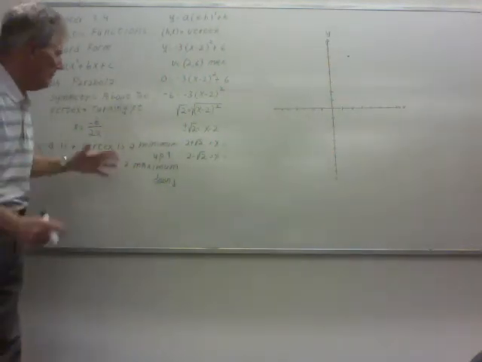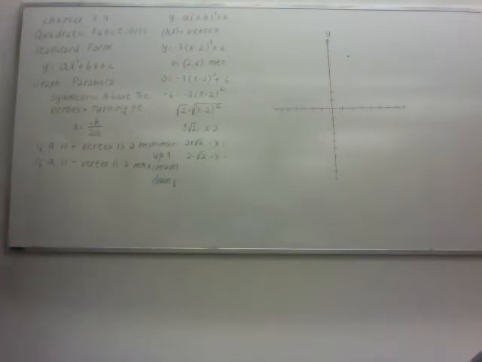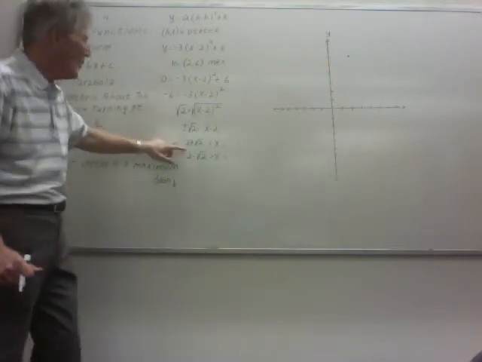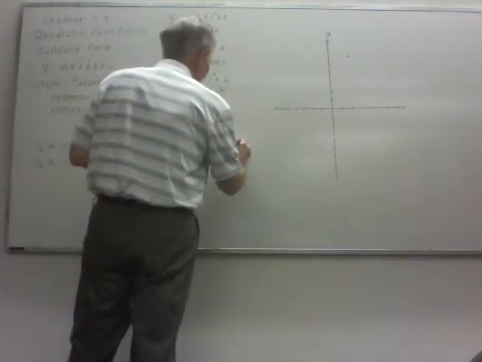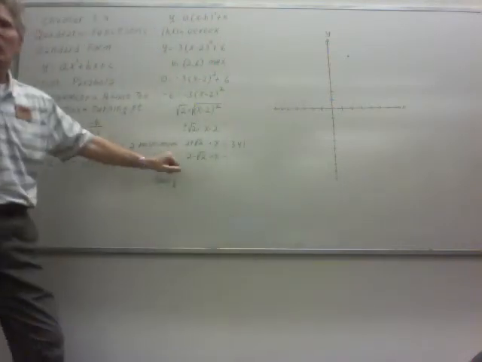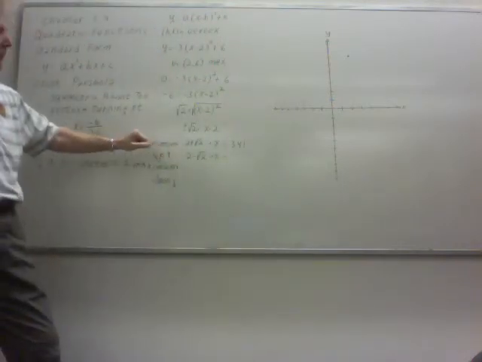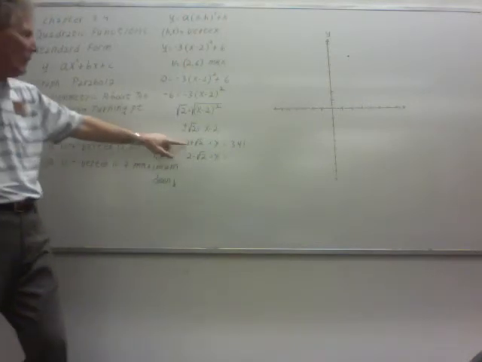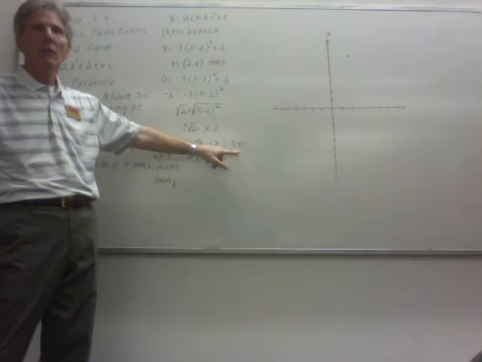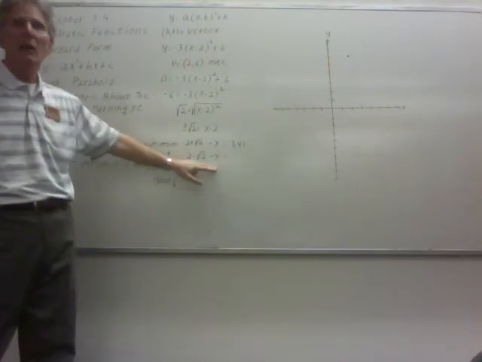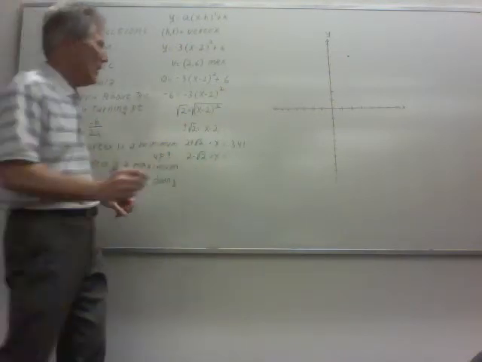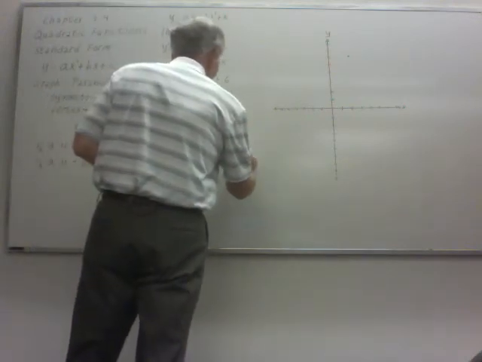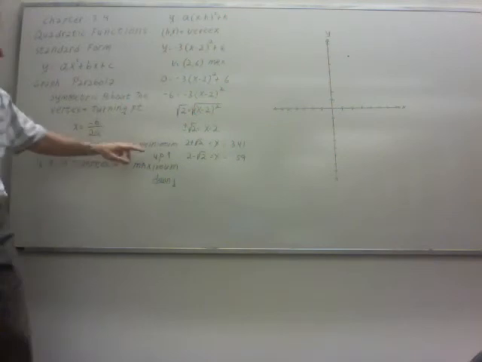Obviously, we're going to need a decimal for that. The square root of 2 is about 1.41. So I've got 2 plus 1.41, which is 3.41 for one, and 2 minus that gives me 0.59. 2 minus the square root of 2 gives me 0.59.